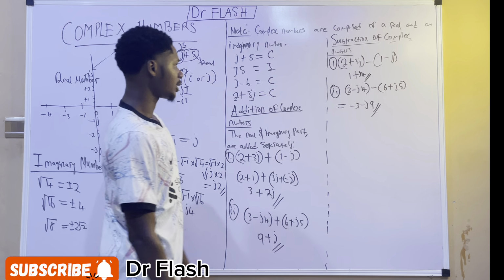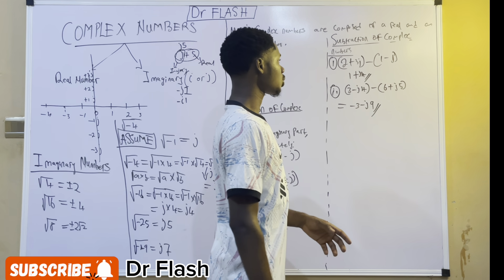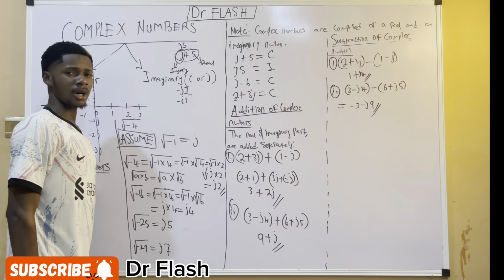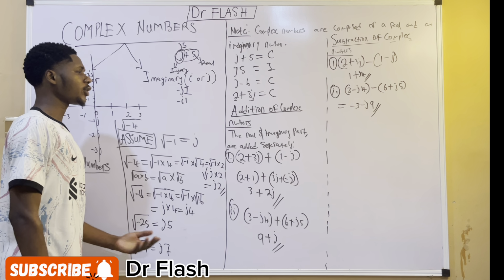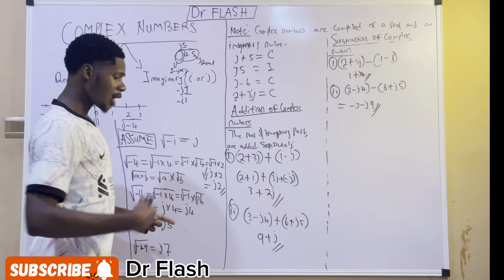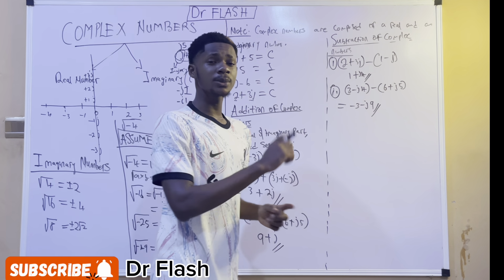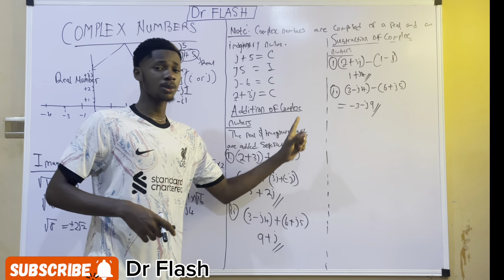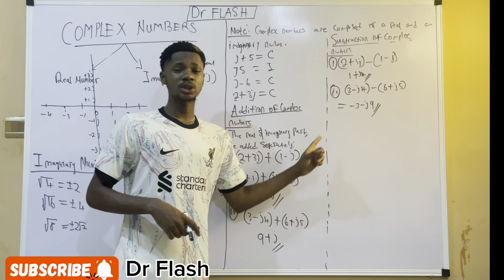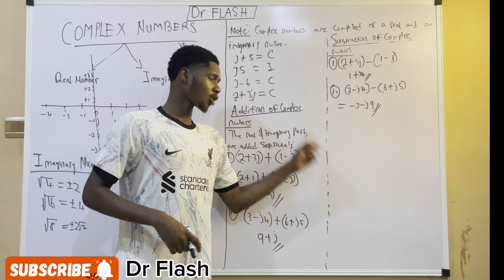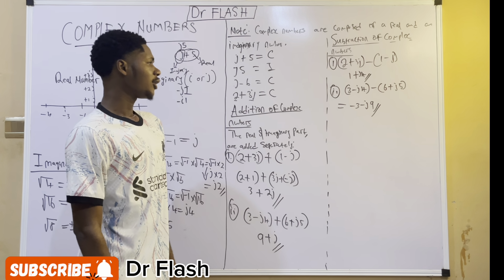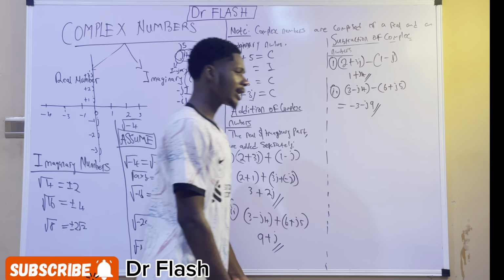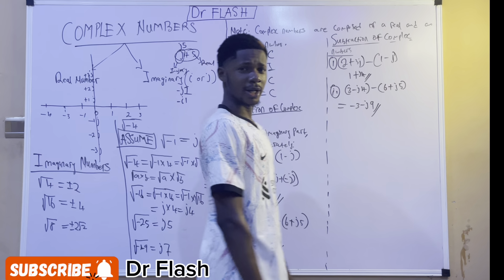Now next thing, what's left is to talk about the multiplication and division of complex numbers. Okay, now for you to divide complex numbers, you have to have a knowledge of multiplication of complex numbers first. And then for multiplication of complex numbers, we need to have an idea on the powers of complex numbers.